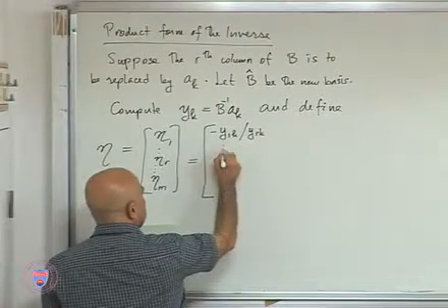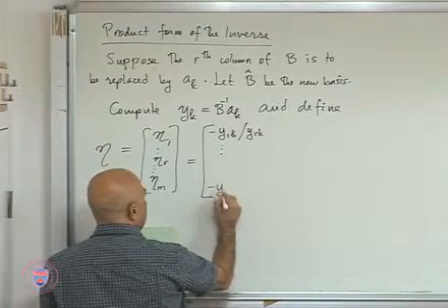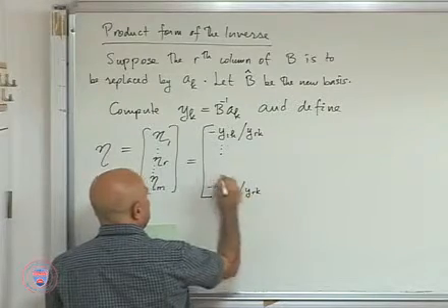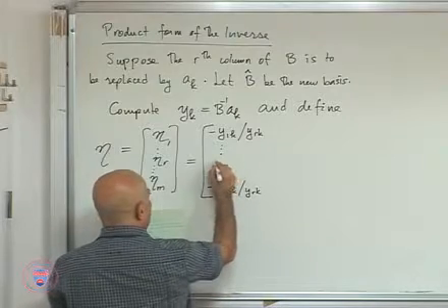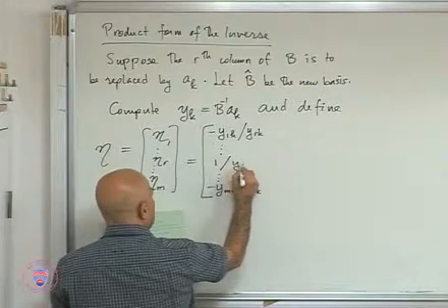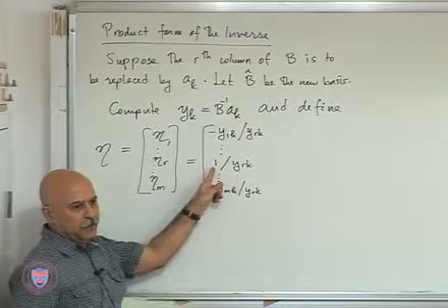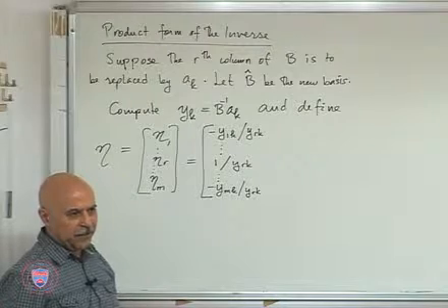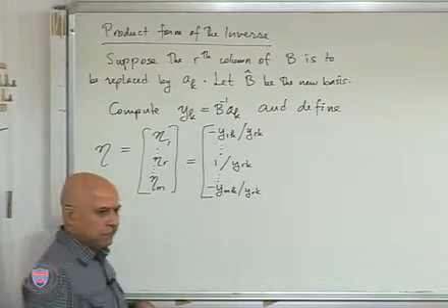You do this for each one, except the rth one. The rth one is simply 1 over Yrk. So you still divide by Yrk, but you've got 1 here rather than something else. It's not minus Yrk, okay?